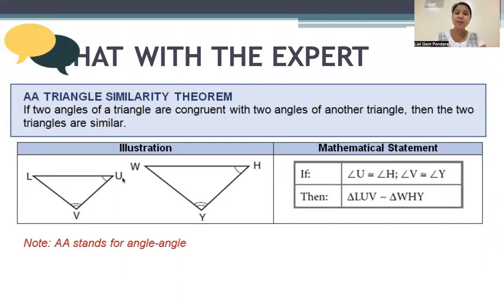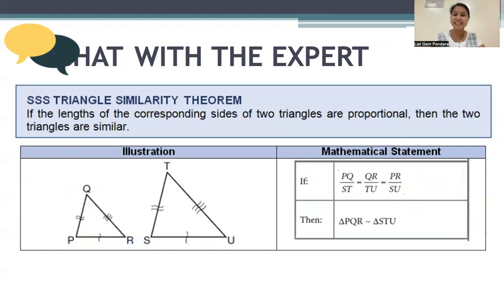Example, angle U is congruent to angle H, and angle V is congruent to angle Y. Therefore, triangle LUV is similar to triangle WHY.